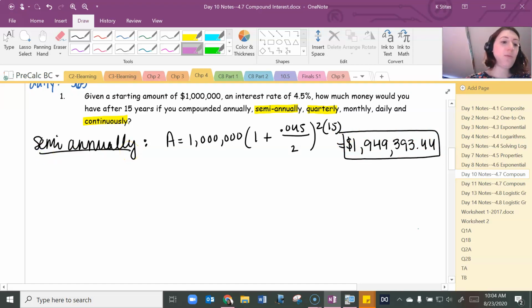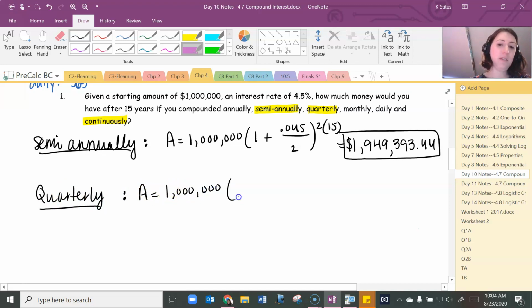So now we're going to do quarterly, and 4 quarters. So this is going to be the exact same thing, only this time we are dividing by 4. And again, it's NT for your exponent, so 4 times 15.